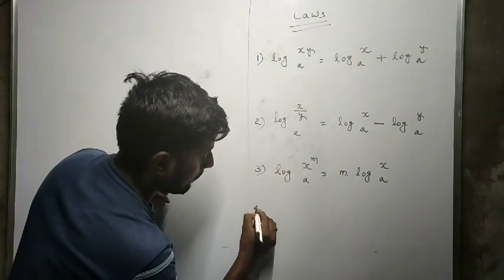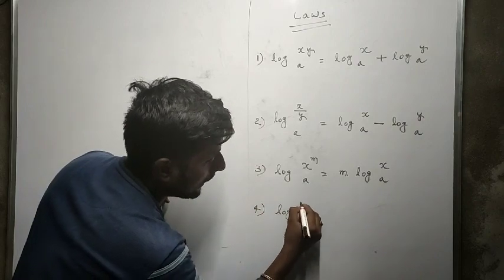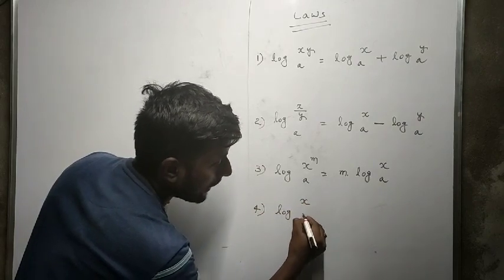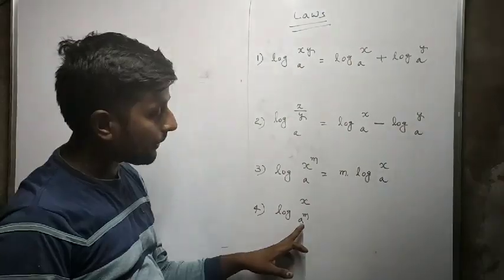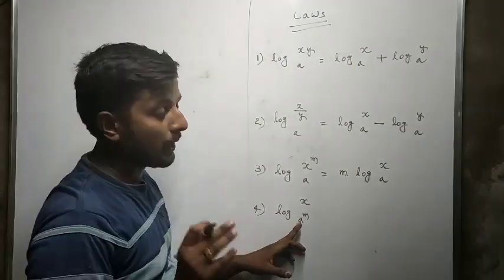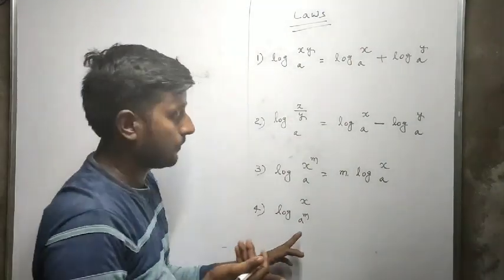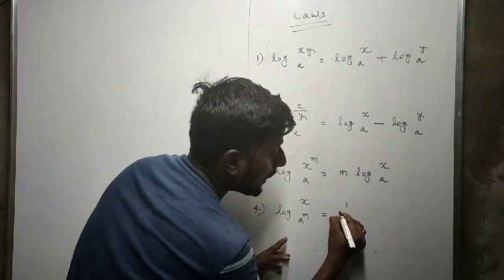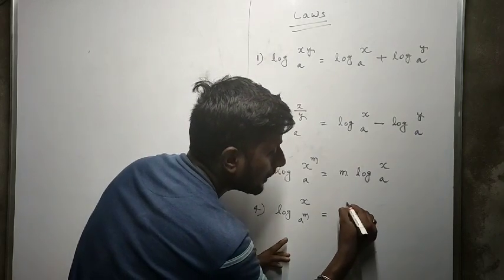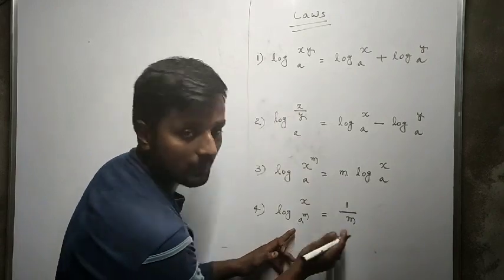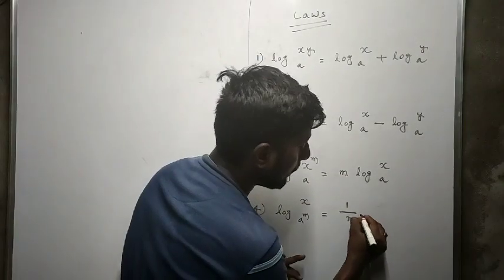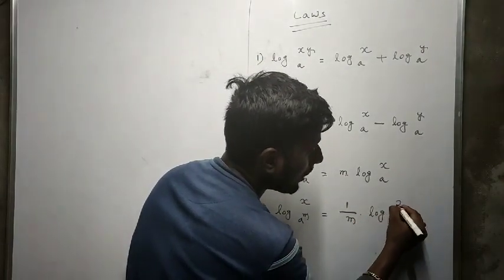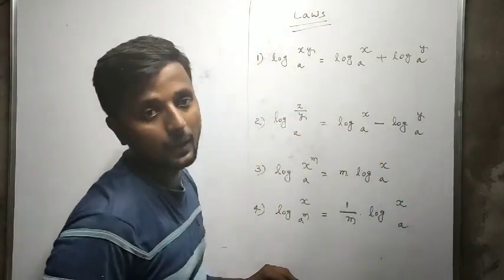Fourth one, log x to the base a power m. Look at what happened now. Now the power is on the base. So here we write 1 by m, because the exponent is on the base. 1 by m into log x to the base a.